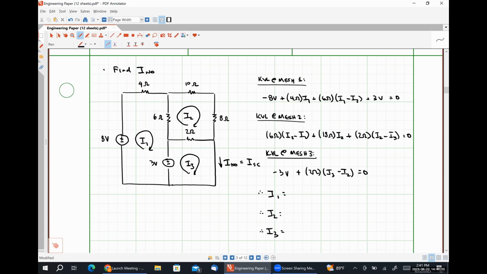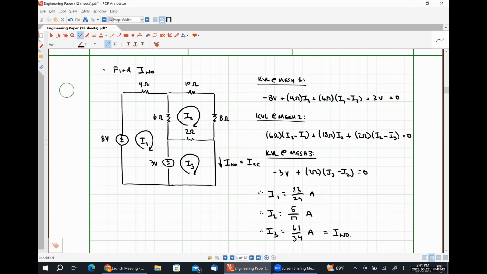Solving this system, I get I1 to be 23 over 24 amps, I2 to be 5 over 17, and I3 to be 61 over 34 amps. And we can see by inspection here that I3 and I Norton represent the same current.